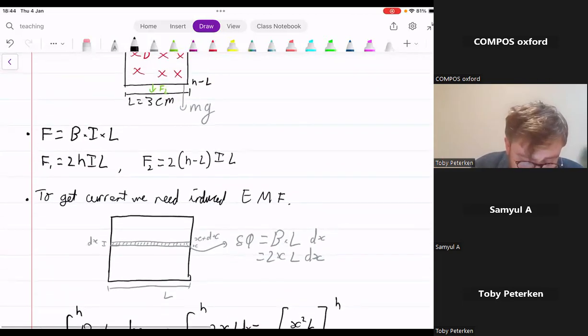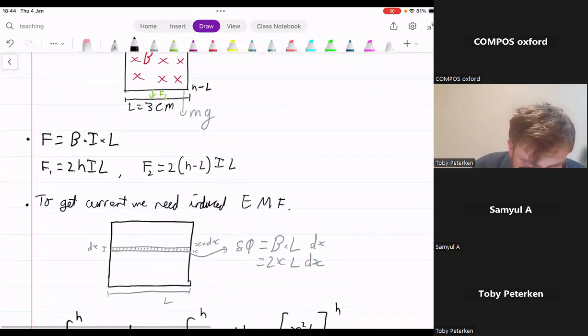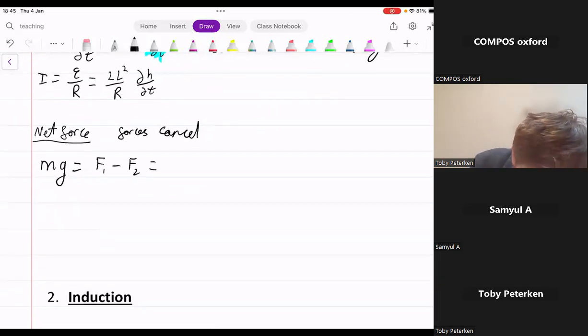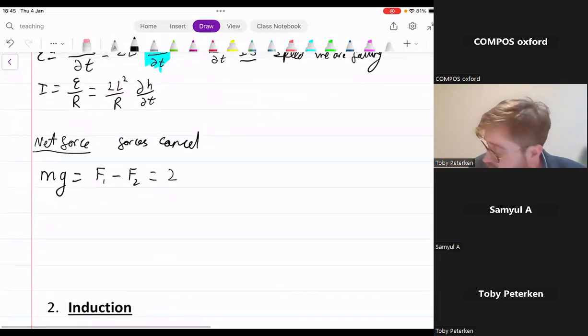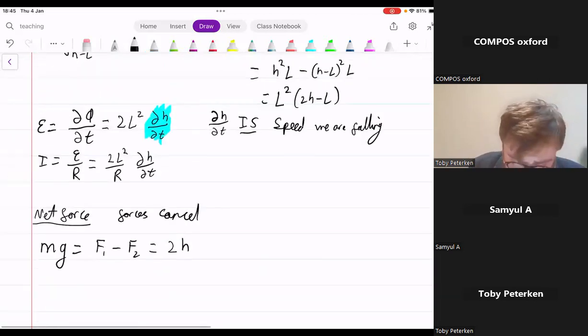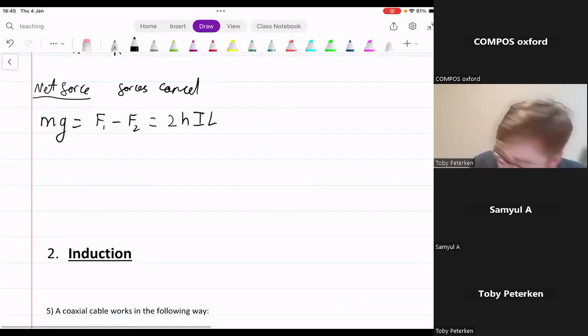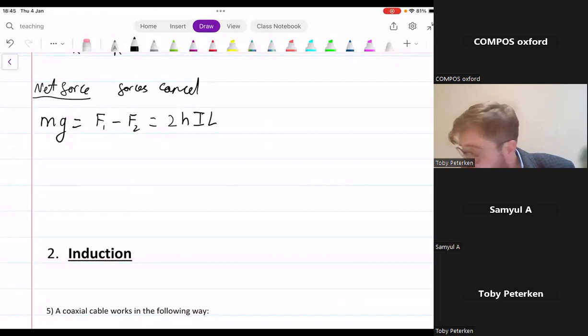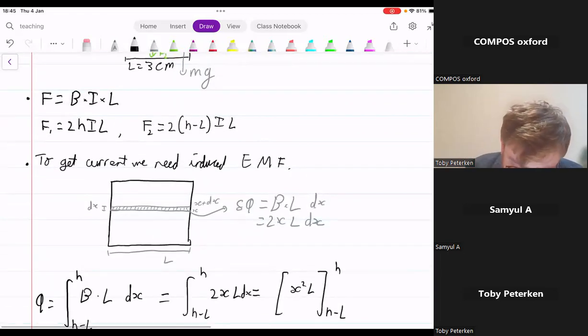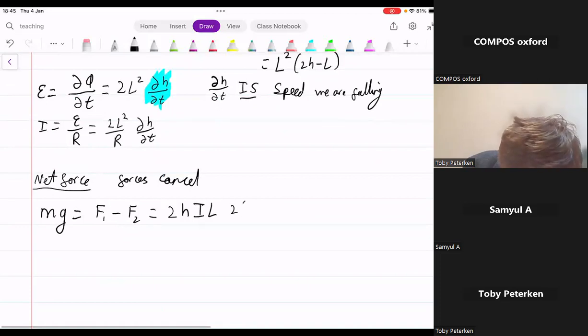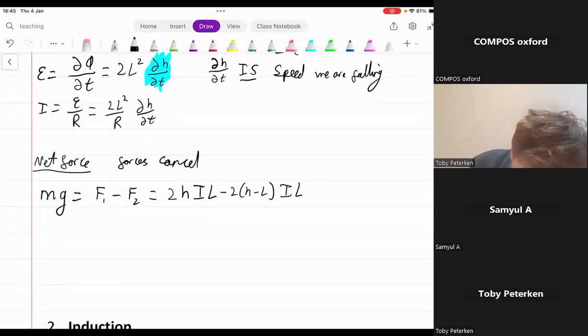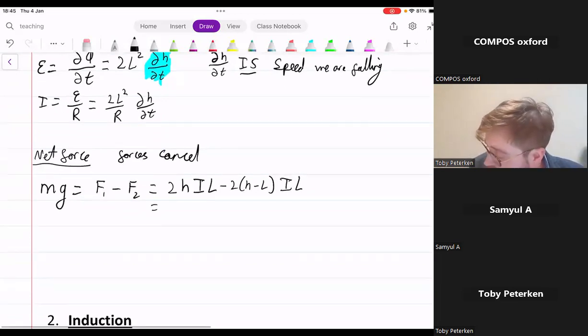If we scroll up, F1 is this, 2H I L, and the bottom, that's right, F2 was 2(H minus L) I L. We can simplify all of this to be 2I L squared.